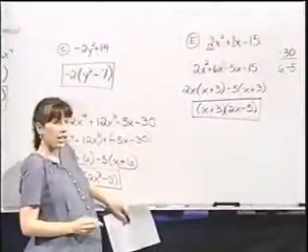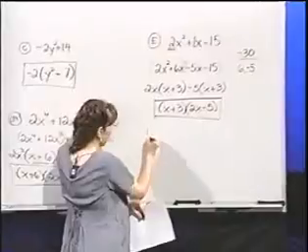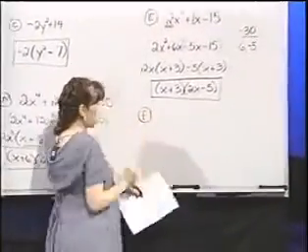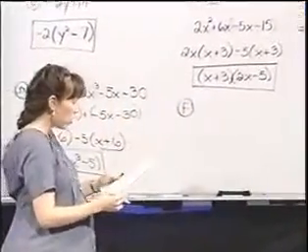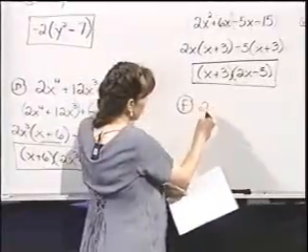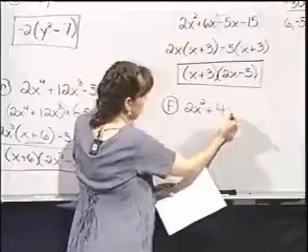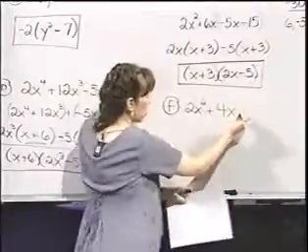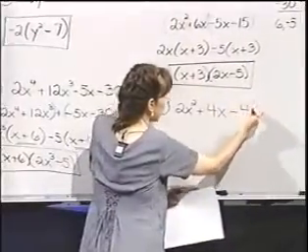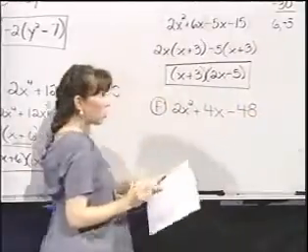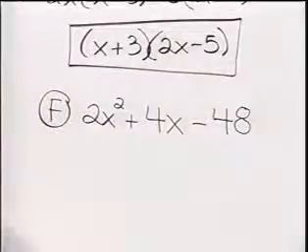Let's compare E to F. I have another trinomial I want to give you just to compare. Let's look at the trinomial 2x squared plus 4x minus 48.